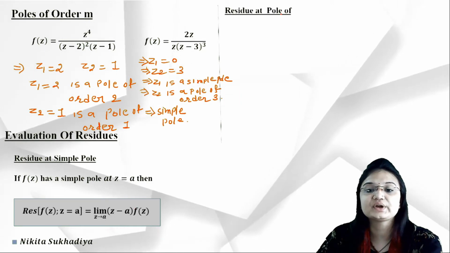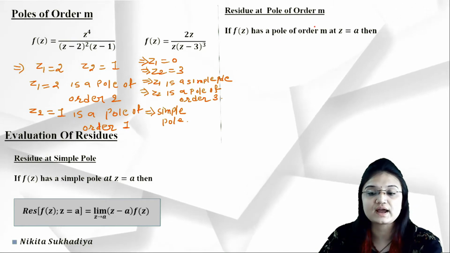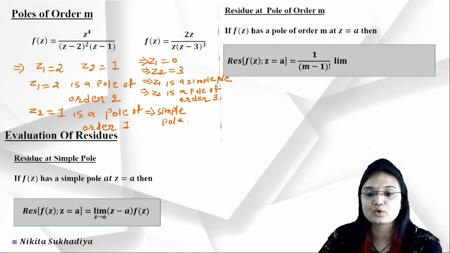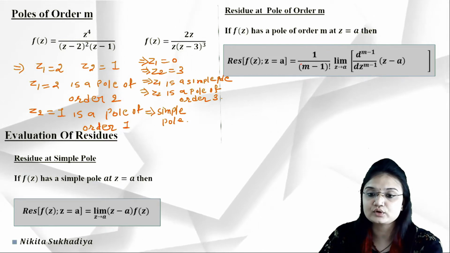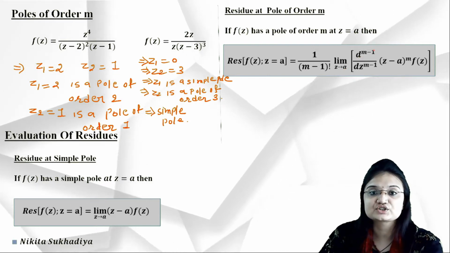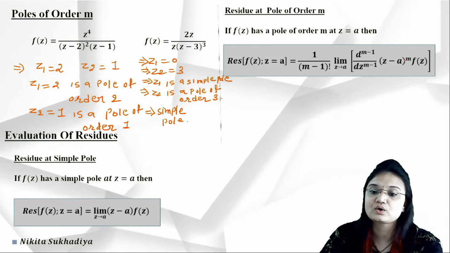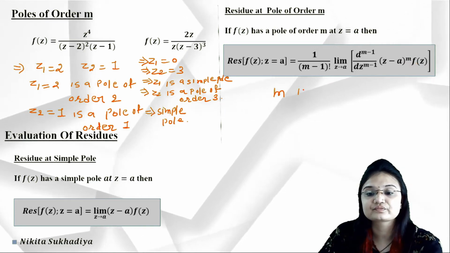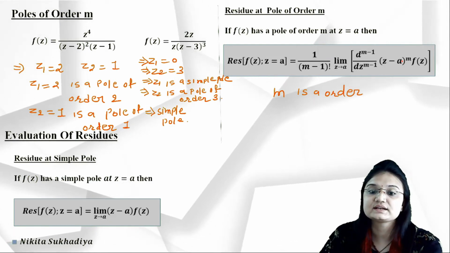Now residue at a pole of order m: if function f of z has a pole of order m at z is equal to a, then residue of function f of z at z is equal to a is equal to 1 upon (m minus 1) factorial limit z tends to a of d raised to m minus 1 upon dz raised to m minus 1 of (z minus a) whole raised to m into function f of z, where m is the order of the pole and a is a pole.